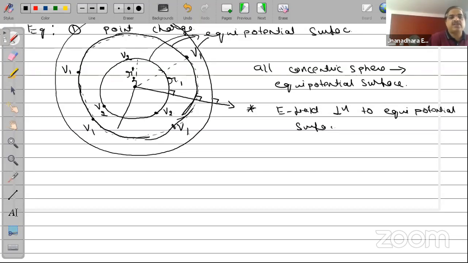So here also in this direction, electric field is like this. So at any point you consider, it will be perpendicular. So electric field will be perpendicular to an equipotential surface. Tangential field will be 0 in this case.